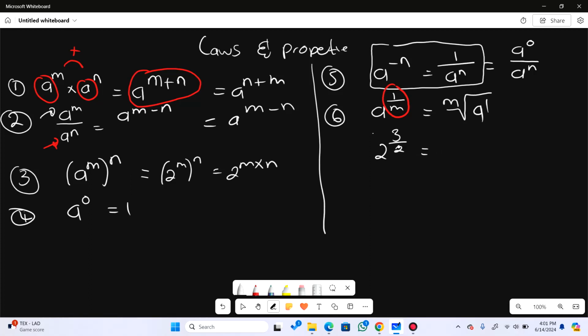Remember that the denominator becomes the root, and the numerator becomes the exponent of the base. So this is what we get. It is very important, which is the same as 2 8 in that case.